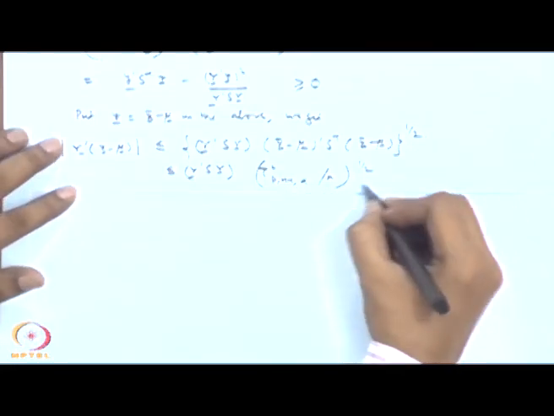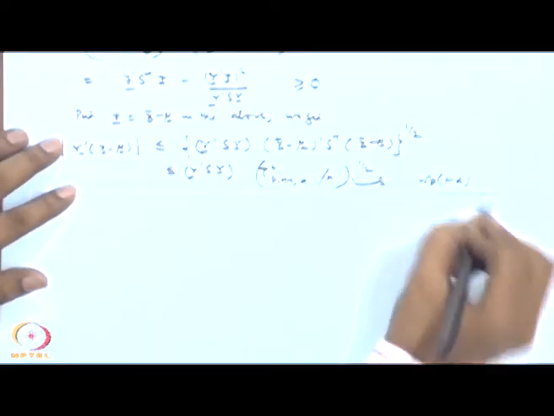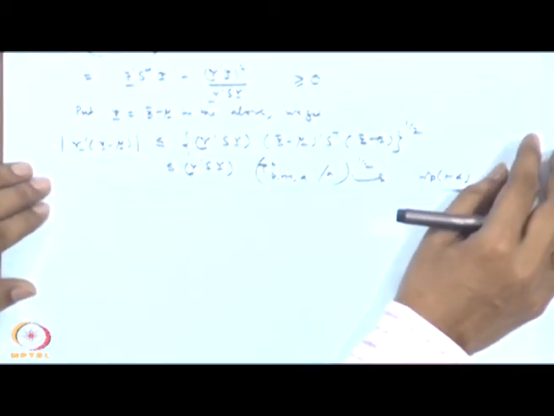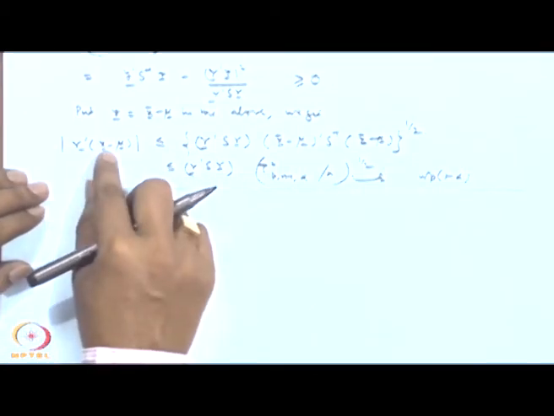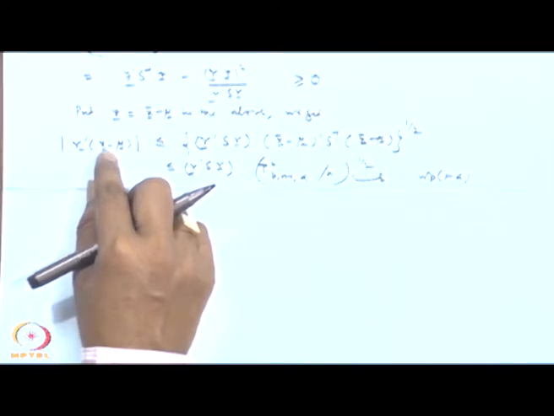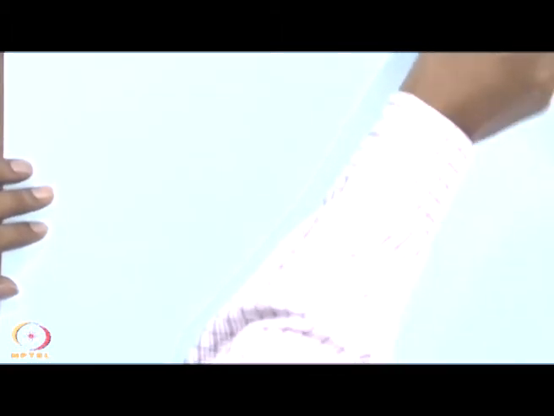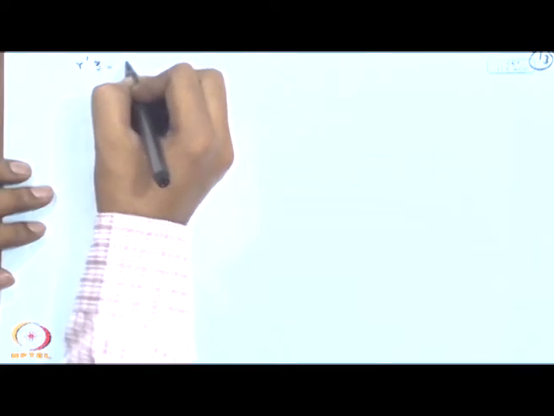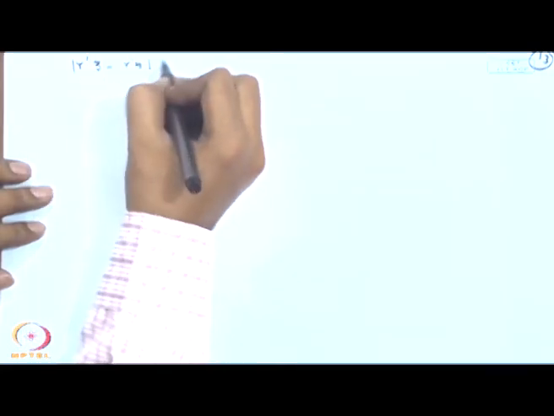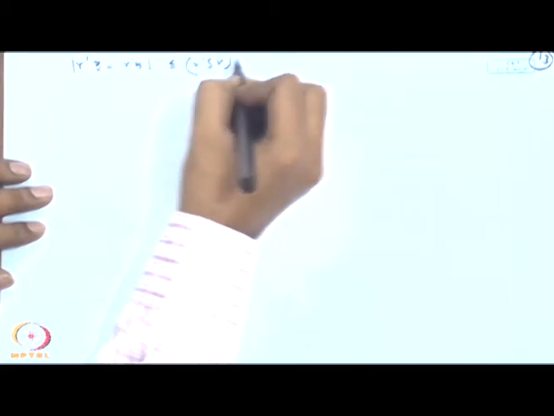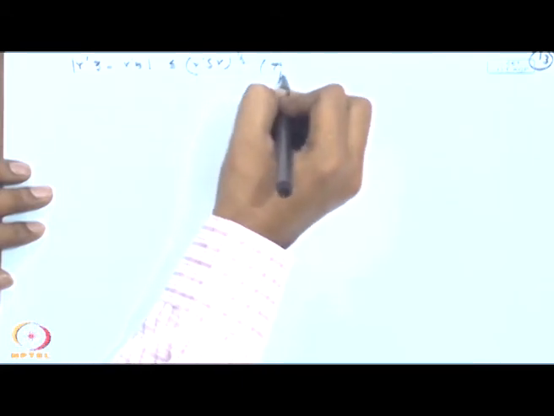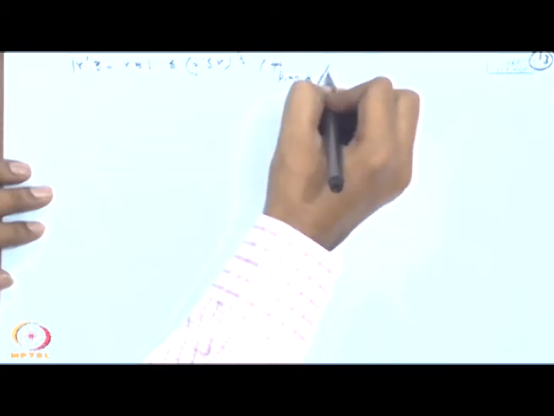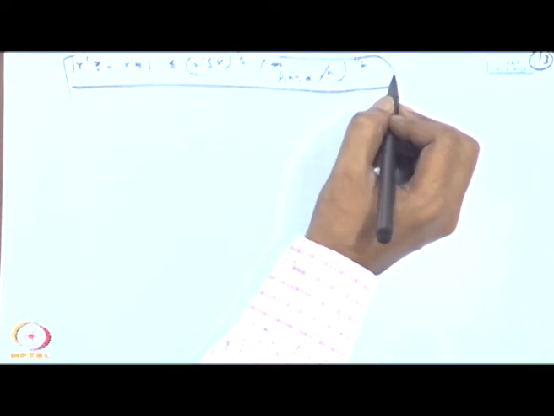This is true with probability 1 minus alpha. So, we are getting that all linear combinations here will satisfy simultaneous inequalities of the form gamma prime x bar minus gamma prime mu less than or equal to (gamma prime S gamma) to the power half times T square p, n minus 1, alpha divided by n, to the power half. So, simultaneously these are satisfied here.